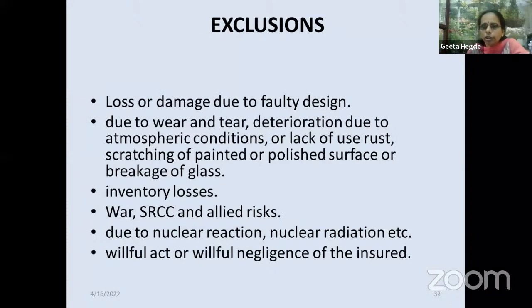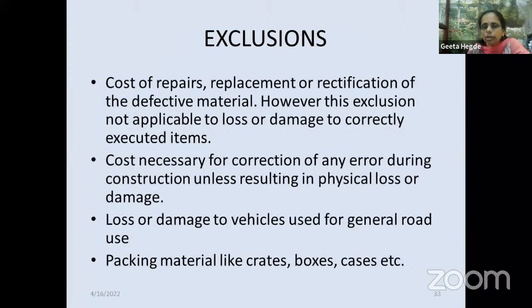Now, what are the exclusions? Loss or damage due to faulty design, wear and tear, deterioration, inventory losses, war and allied perils, willful negligence. Cost of repairs, replacement or rectification of the defective material. However, this exclusion is not applicable to correctly executed items. What we understand by this?